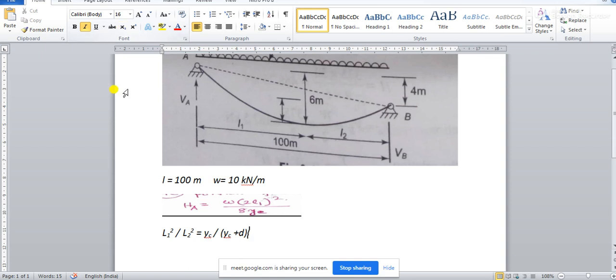Now you know the value of capital L. So L1 squared by L2 squared equals YC by YC plus D.